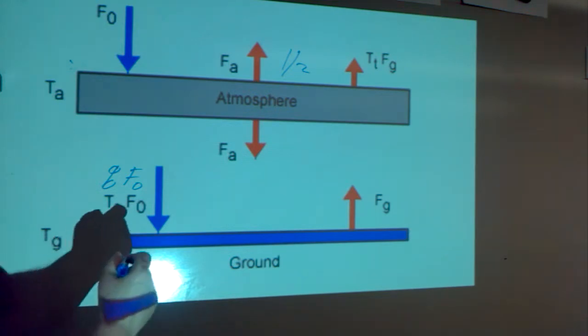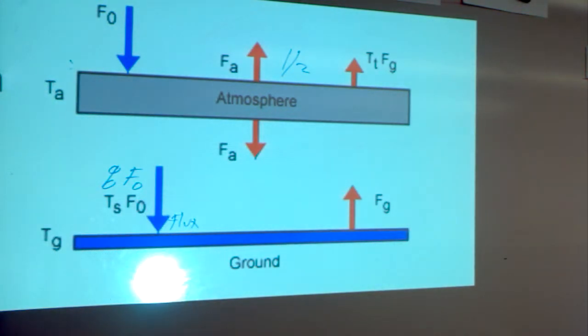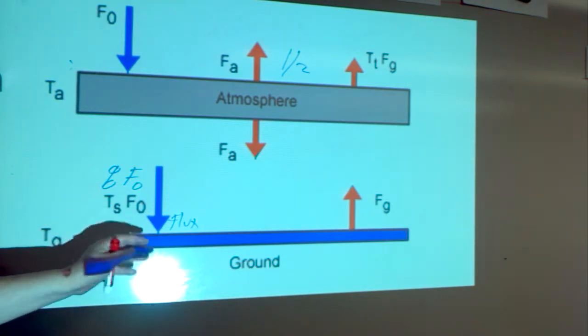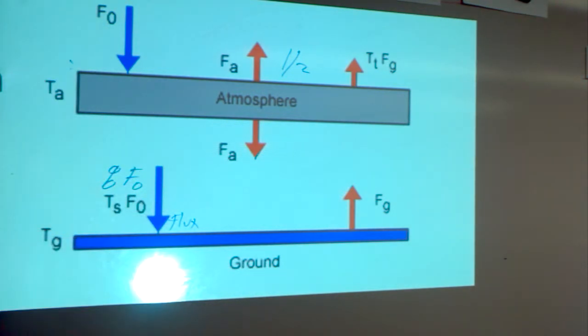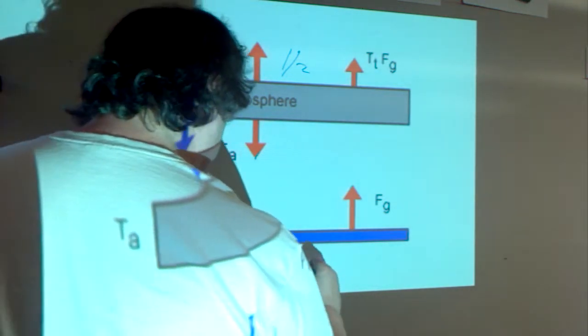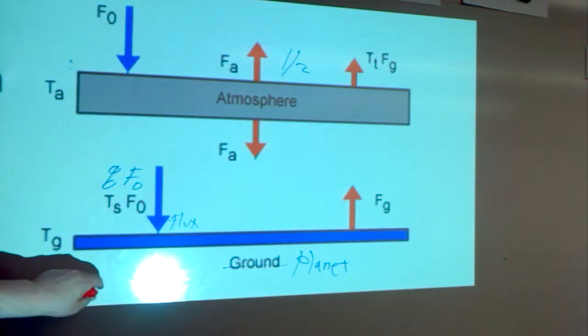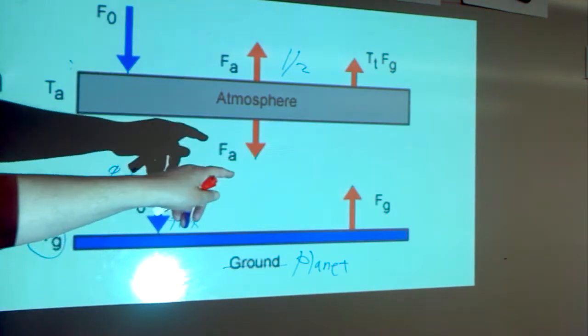And so there's some total flux here of optical radiation, sunlight, that hits the ground. That energy is then absorbed and hits the ocean, hits everywhere. That's absorbed by the planet, so we'll get rid of the ground here and call that planet. It's absorbed by the planet, and the planet reaches some equilibrium temperature, which we'll call T sub g, the equilibrium temperature of the planet. Okay.